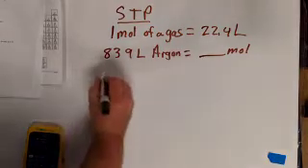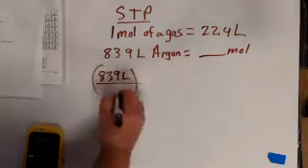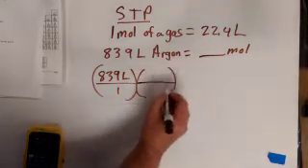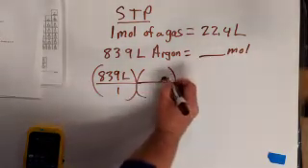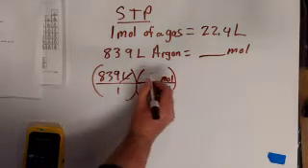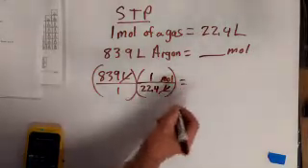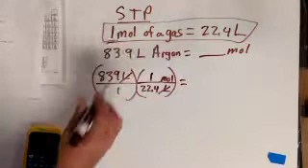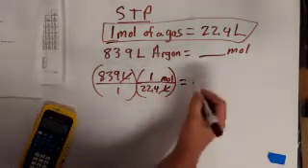All right, so we have 839 liters over 1 times a conversion factor. Now we know we need liters down here, and we want moles, so let's put moles up here. Liters cancel out. We know that 1 mole is 22.4 liters. This is just something you need to stick in your brain. All right, so we're going to multiply across the top, multiply across the bottom.